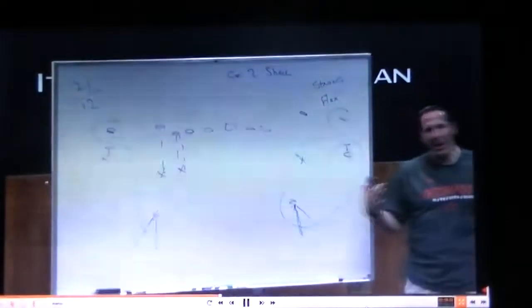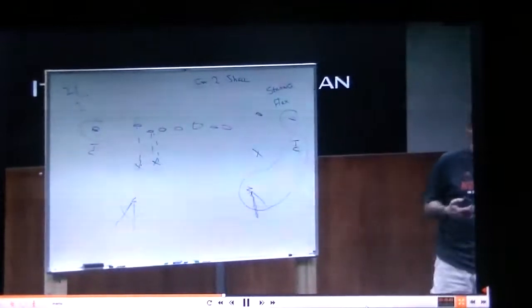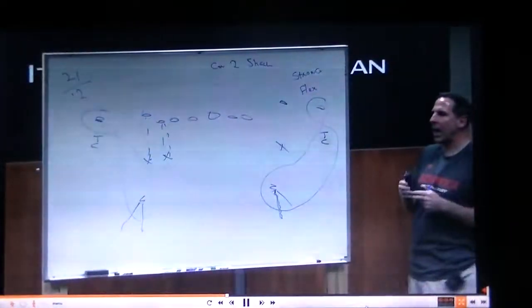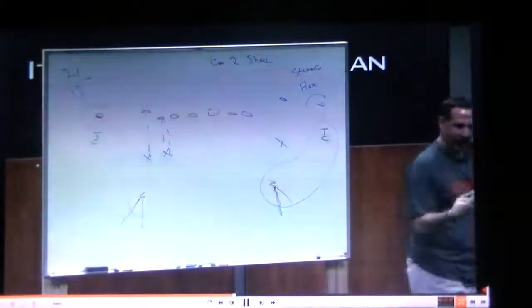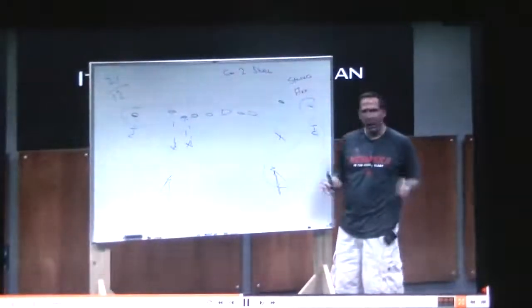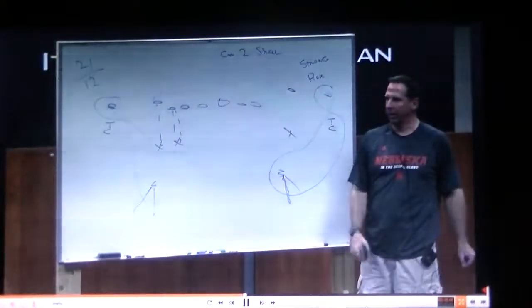That's always going to be your base alignment somehow, guys. Once you understand what solid is, what flex is, what strong is, we're always going to be covered down to start in this way.